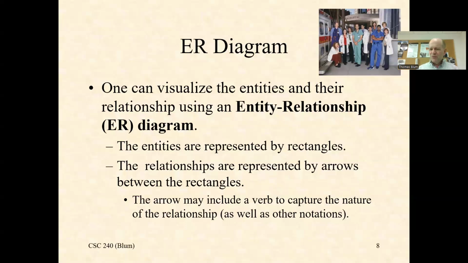So we have these rectangles and lines, and sometimes arrows, and these diagrams can get quite fancy and have lots of rules, but the basic idea is just rectangles to represent the entities and lines between them to represent the relationships.